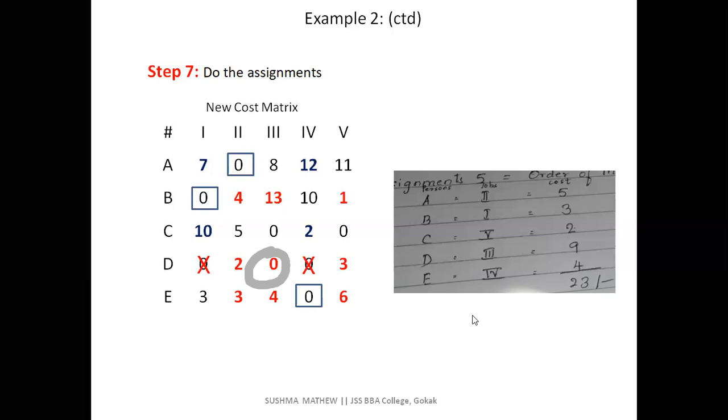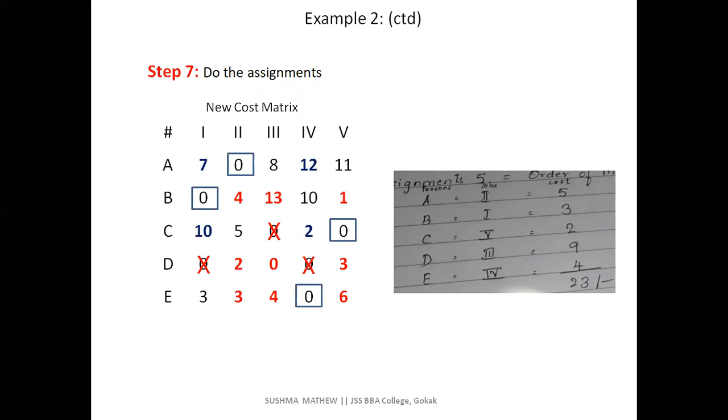Yes, ma'am. Fifth column, I'm telling you. It is here. Can you see that? Yes. Fine. Fifth column, this assignment is being made, but for the subsequent zeros in this particular row, now there is 1 0 here.